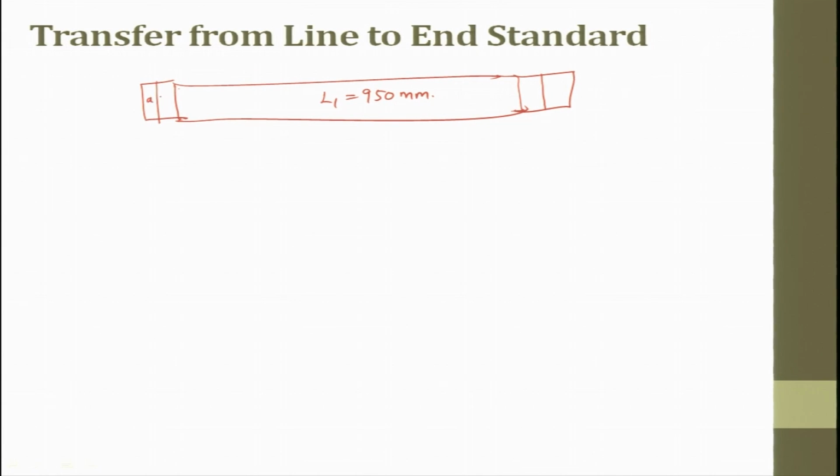This is your A, this is your B, this is your C, this is your D, and this is 50 millimeter, and this is also your 50 millimeter. And this is your 1 millimeter of basic length.